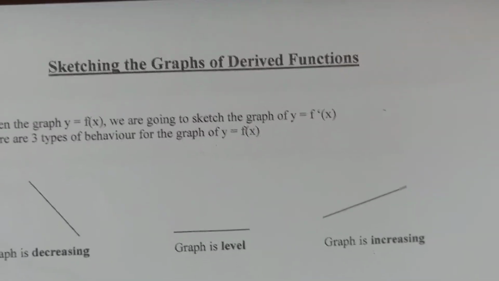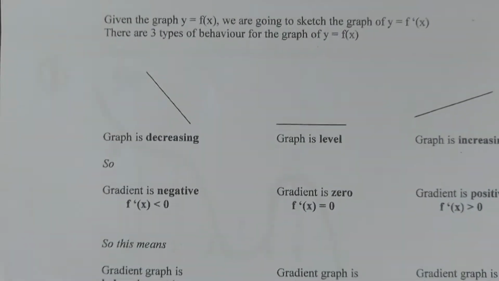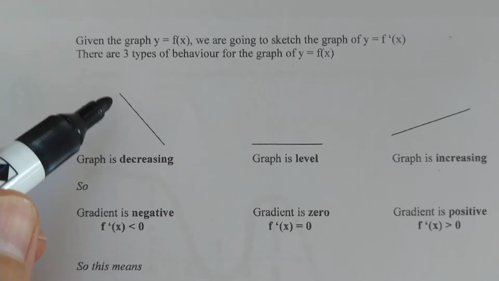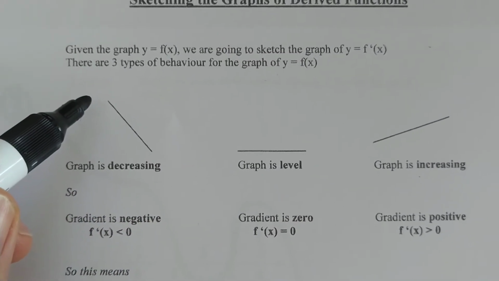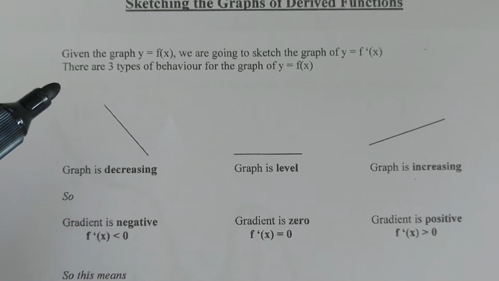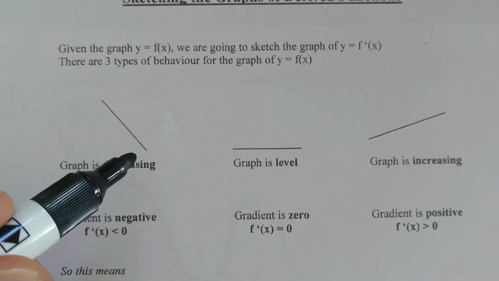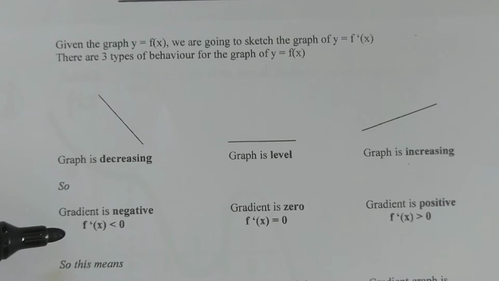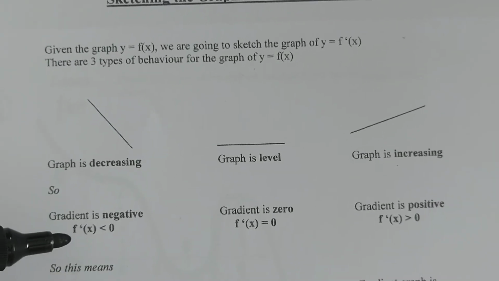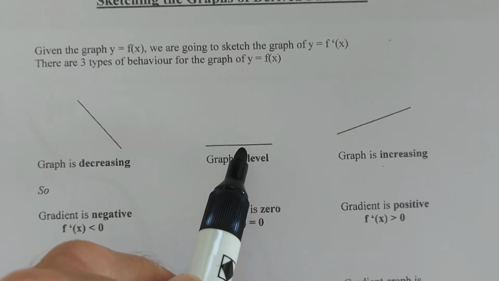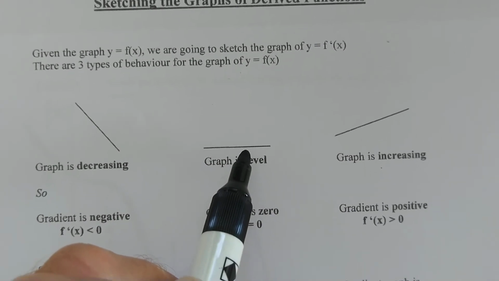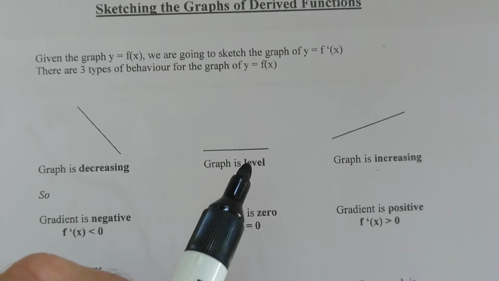The only crucial thing you really need to remember is we know that when a line is going down from left to right, when a graph is doing that, then we say the graph is decreasing, the gradient must be negative. To put it another way, f dash x is less than 0. We know when a graph is horizontal, even if it's just for a moment, like at the stationary point, at that point, the gradient is 0.